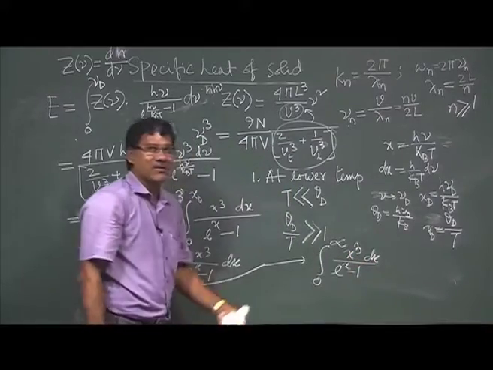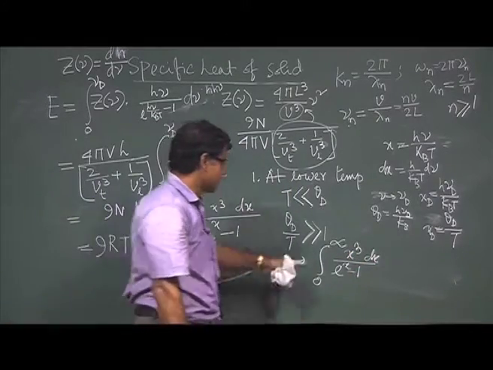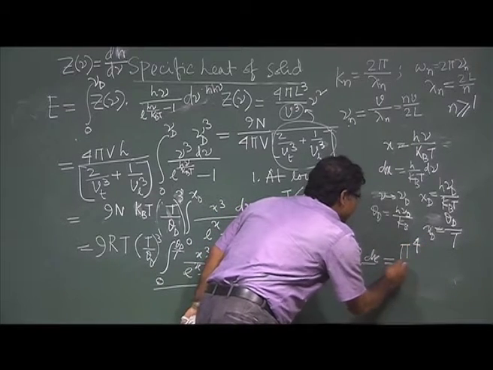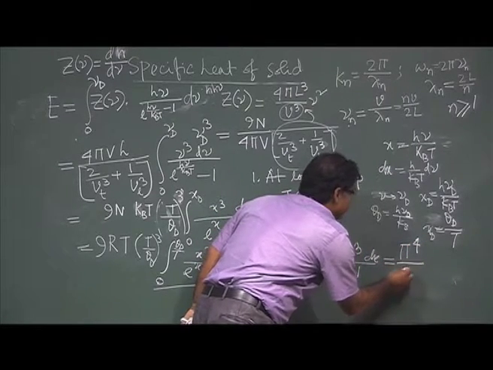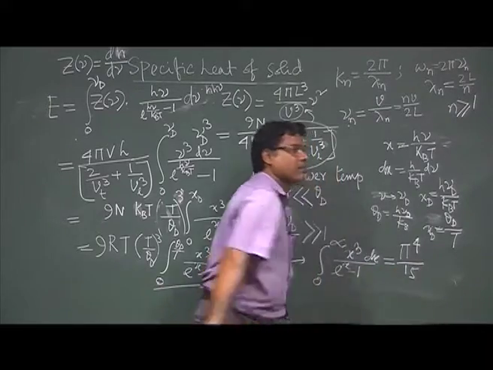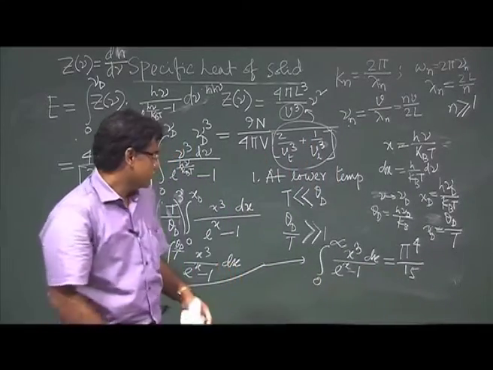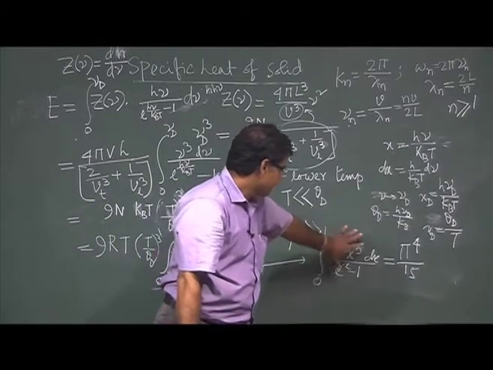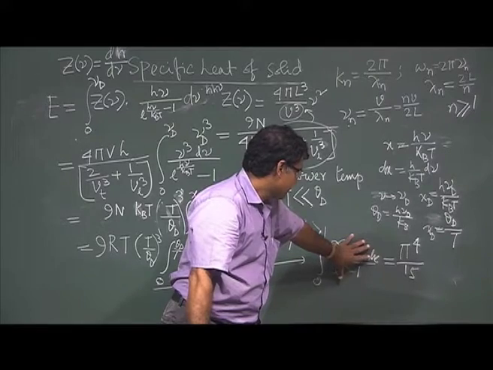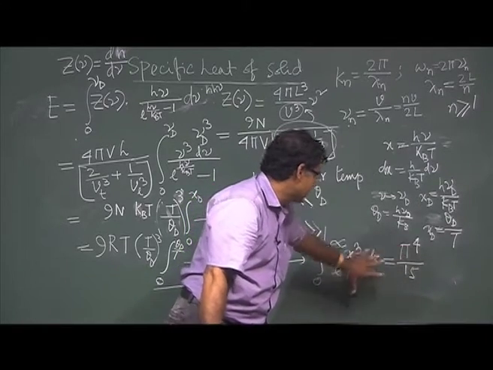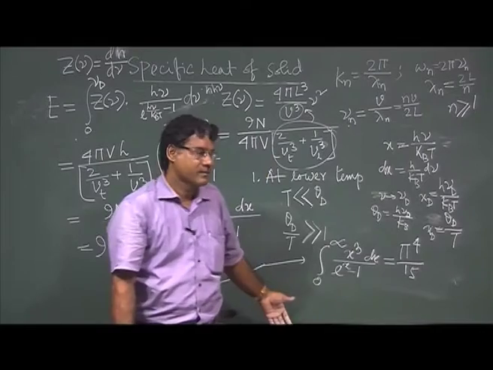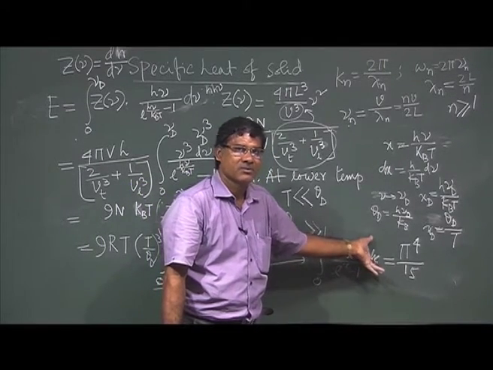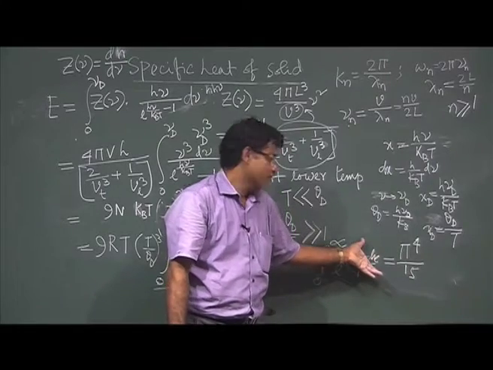This integration you have a ready-made solution of. So, this is basically pi to the power 4 divided by 15. Since it is ready-made and available, we just took that opportunity.